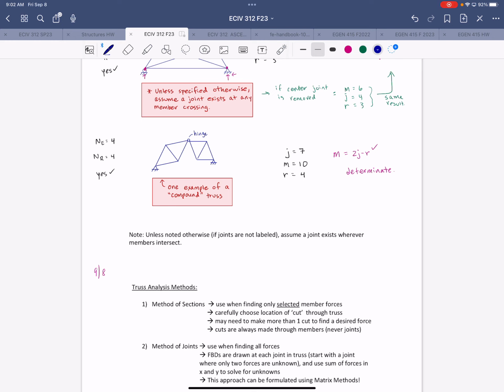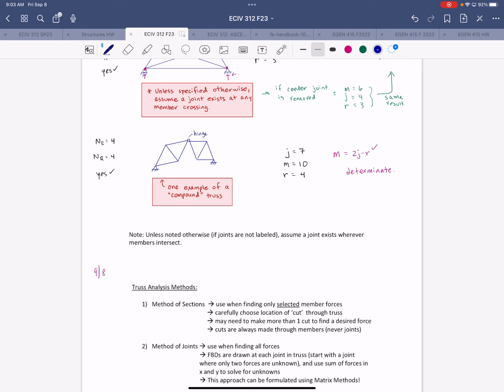But that's not the only thing to think about, right? Because you can have a scenario where the reactions are not all concurrent, right, but they are all parallel. And intuitively you can see, well, if all the supports on this beam are rollers, there's nothing keeping it from moving in the x direction, right?